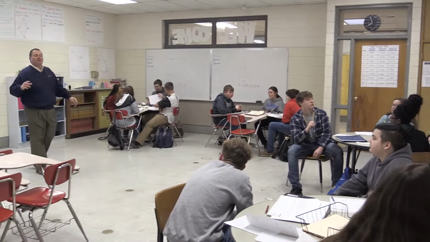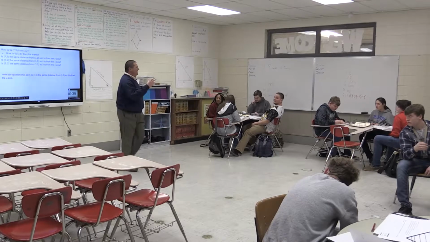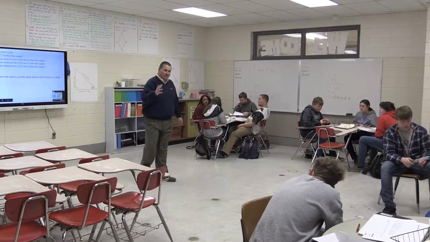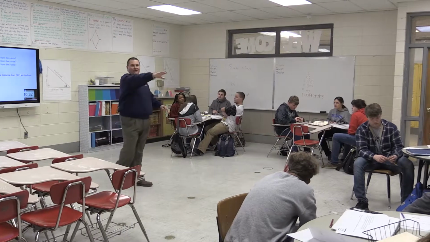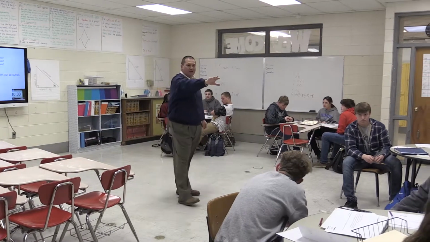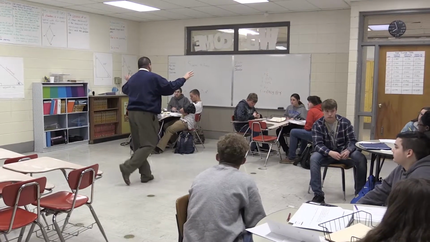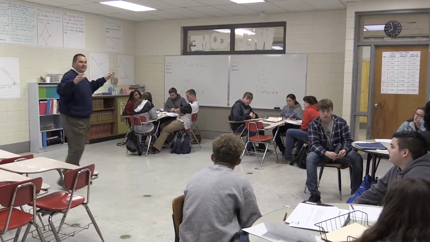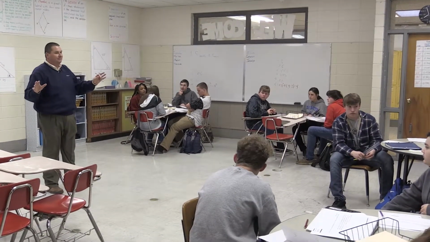Now here's what we're going to do. Here's where we connect the geometry and the algebra. We've used the geometry to come up with this equation, and we could use that equation to find the vertex of our parabola, but it would take some work.